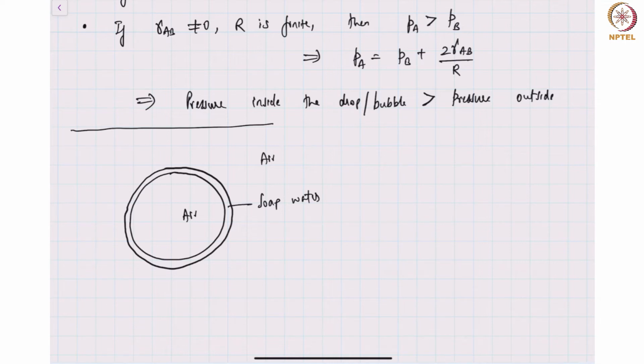Why do they pop? They pop because the pressure inside, let's call it A and B, okay, the pressure inside is higher than pressure outside. To examine this, let's say that the thickness of the bubble is negligible. Okay, so the thickness of the bubble is negligible. What you really have is, if I were to look at a close-up view of the bubble, let's say I'm looking at a region here.